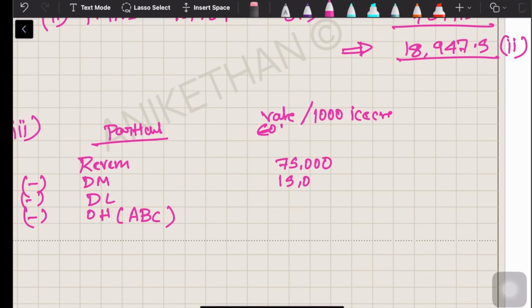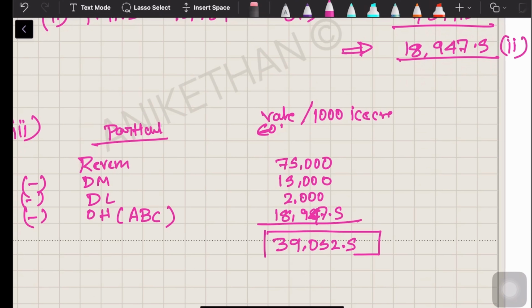So direct material is 15,000, direct labor is 2,000, overhead we just got in the previous step, 18,947. When we subtract these costs from revenue, we will get 39,052.5. So that is the profit when computed through the activity based costing method.